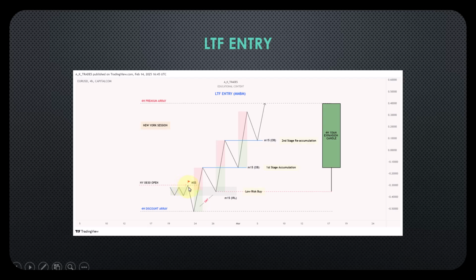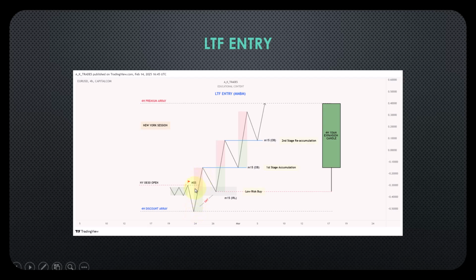Now, when it comes, we anticipate a liquidity raid into a 4 hour discount array. That will be the 4 hour, whether the low risk buy, the first stage of accumulation, or the second stage of accumulation, or the ICT silver bullet.